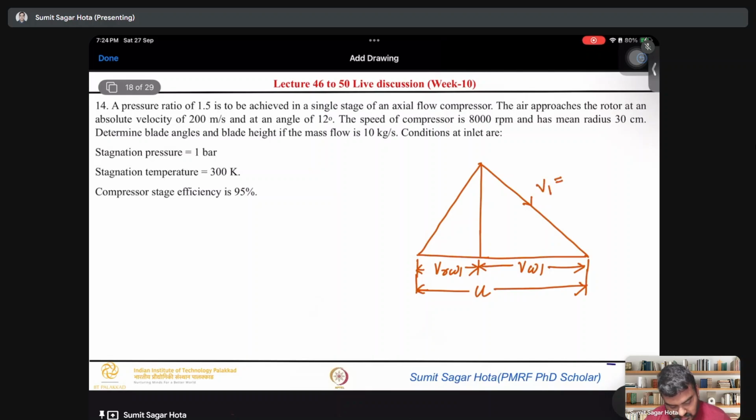V1 is equal to 200 meter per second. This is 12 degree. This is VF. This is beta 1. Sorry, this is VR1. This is beta 1.